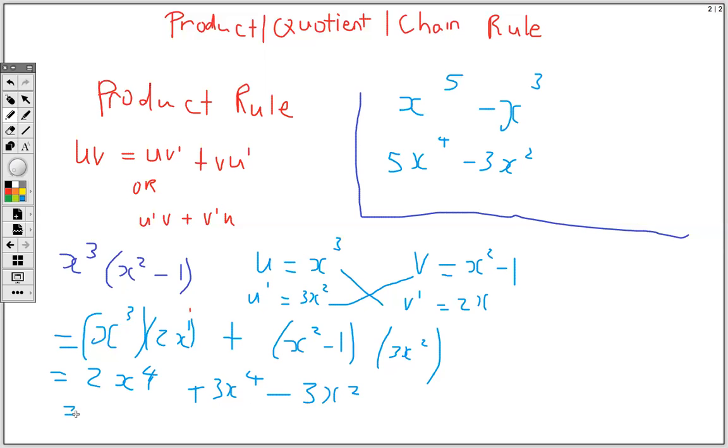And then simplifying this, 3x to the fourth plus 2x to the fourth gives you 5x to the fourth minus 3x squared. So realize if we use the product rule in this case, or we expand the bracket then differentiate, we are still going to arrive at the same thing.